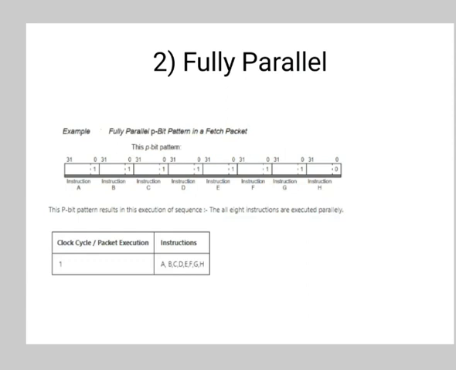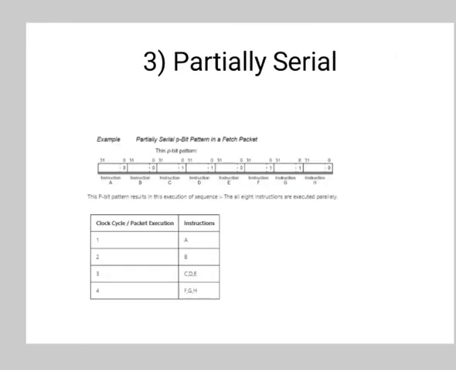Then fully parallel P bit pattern in fetch packet results in the execution sequence. Here P bit pattern results in execution cycle 1 and all instructions, that is A to H. Then partially serial, here partially serial P bit pattern in fetch packet.